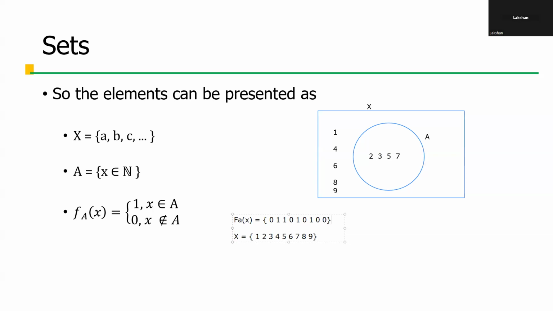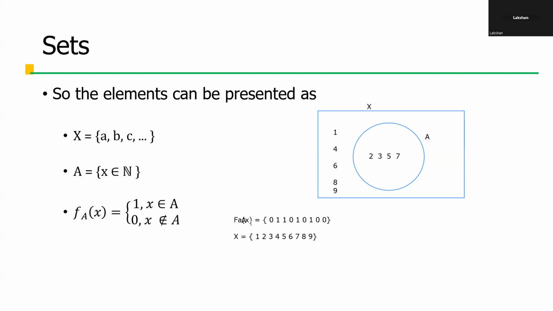So this is how the function f_A(x), the characteristic function or the membership function, looks like when it comes to sets. Basically it is showing that for a subset A, this should be capital A, sorry, it's not editable.